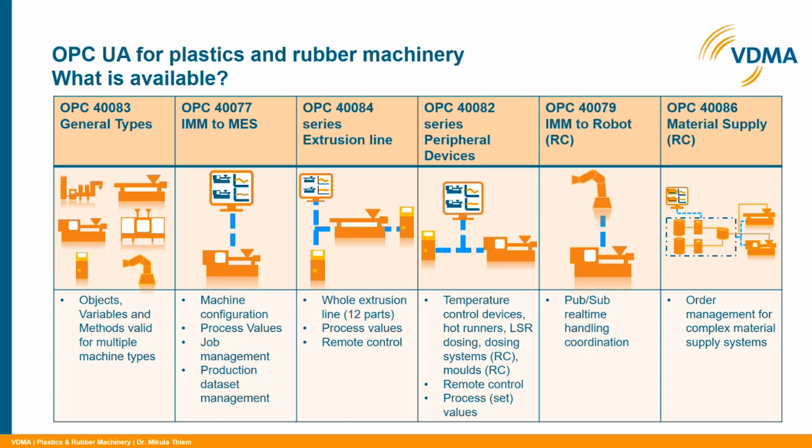This specification is used for the real-time handling coordination, because it's very important that the robot is not in the mold area when the mold is closing. So we are talking about reaction times of milliseconds. This is the reason that this specification doesn't use classical client-server communication, but PubSub, which is rather complex to implement. And then we have the 40086 material supply systems.